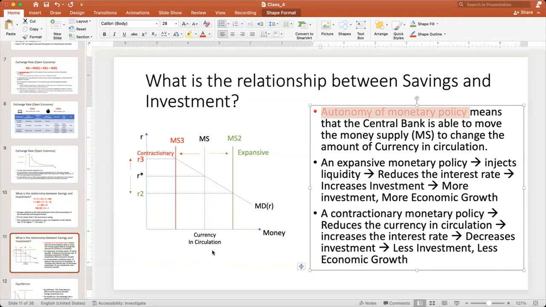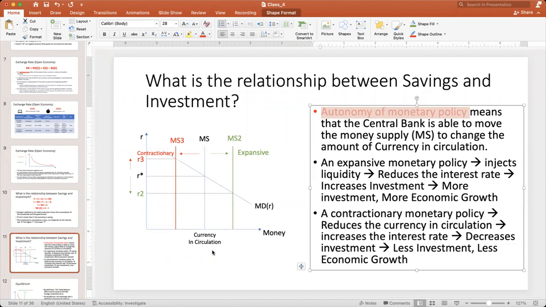But the money itself is less scarce, and the price of money is the interest rate. So when there is an injection of liquidity, that reduces the interest rate because the price of money is lower. That increases the investment because, remember, lower interest rate, higher levels of investment. Firms have more incentive to get debt. So more investment, more economic growth.